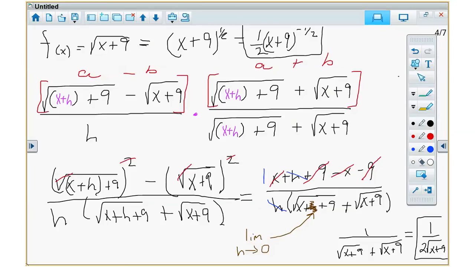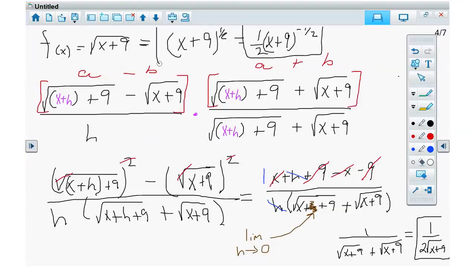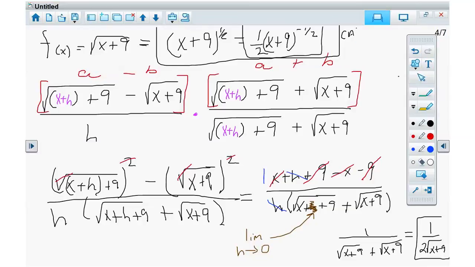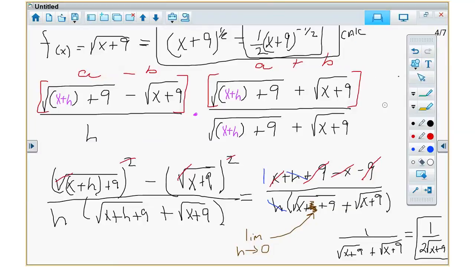Well, there's the result. This right here is calculus. And this is algebra. 1, 2, 3, 4, 5 or 6 steps.